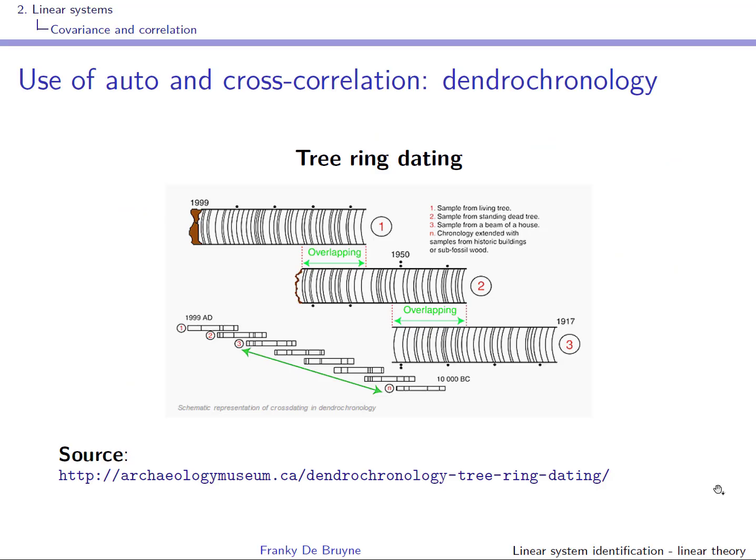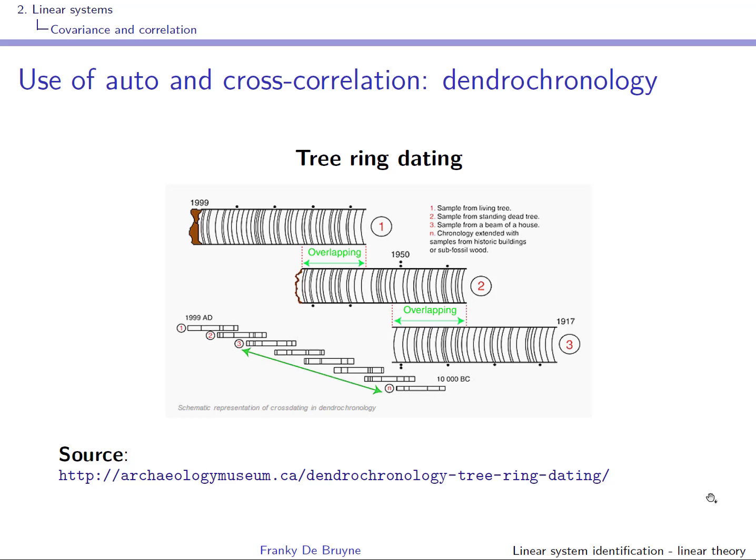A nice application of cross-correlation is dendrochronology, also known as tree-ring dating. Dendrochronology is based on the fact that trees produce a different ring growth every year. Ring measurements taken from trees with overlapping ages allow us to obtain tree ring growth over thousands of years for a given region.